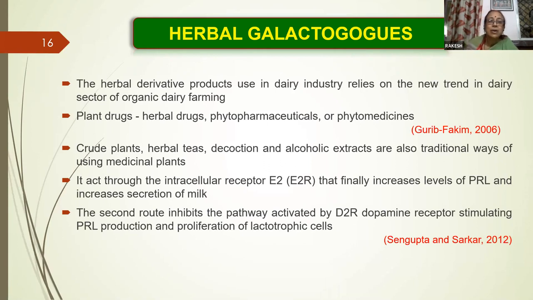Then fruit plants or herbal teas, decoctions and alcoholic extracts are the traditional ways of using medicinal plants. During this corona period, we heard of a lot of herbal teas and herbal decoctions. We have taken a lot of precautions using these herbal medicines, and the same is the case with animals.